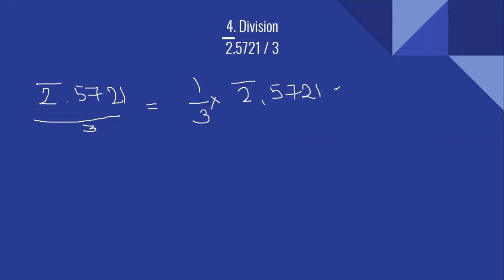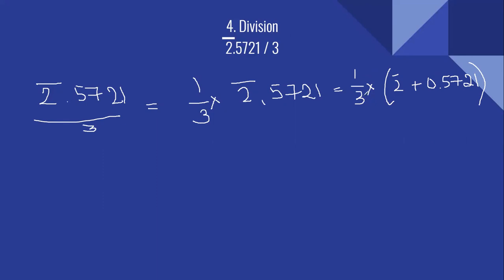This can be further written as 1 by 3 multiplied by 2 bar plus 0.5721. Therefore, the first step is to separate out the characteristic and the mantissa. Okay. Now, once you have this, you look at the denominator of the fraction we have got. Since the question was divided by 3, the fraction we have taken is 1 by 3.